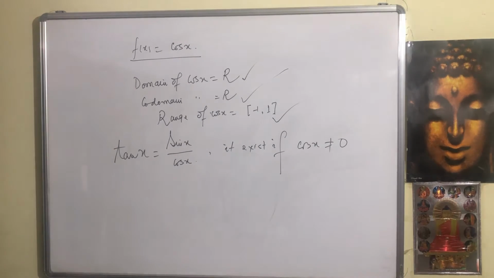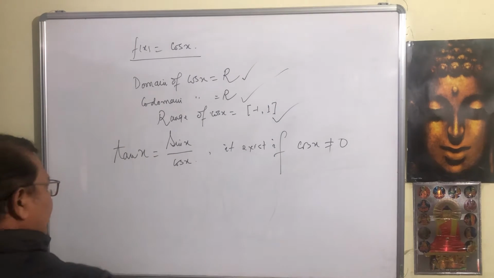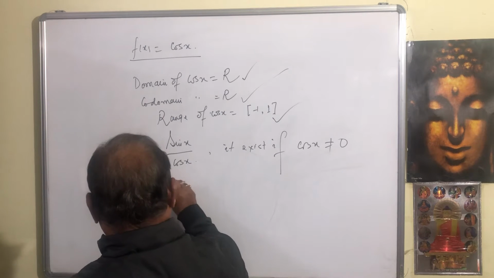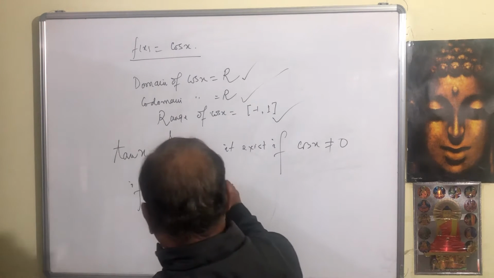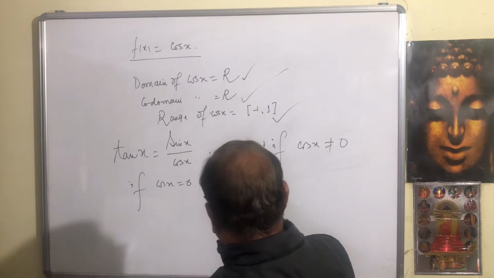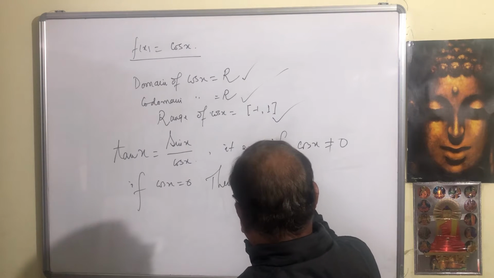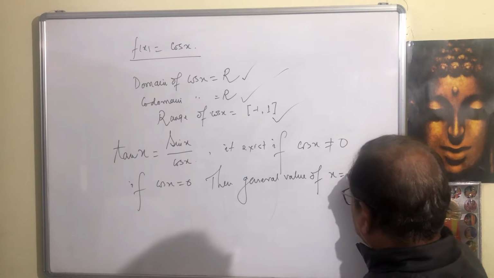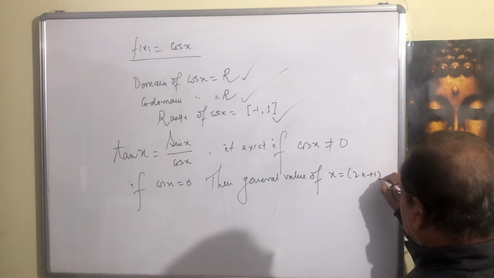Let us see what are the conditions where cos x becomes 0. If cos x is equal to 0, then the general value of x is (2n plus 1) pi by 2.